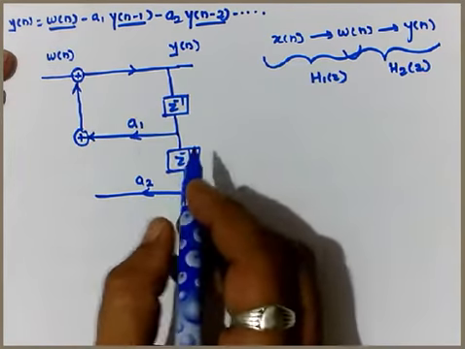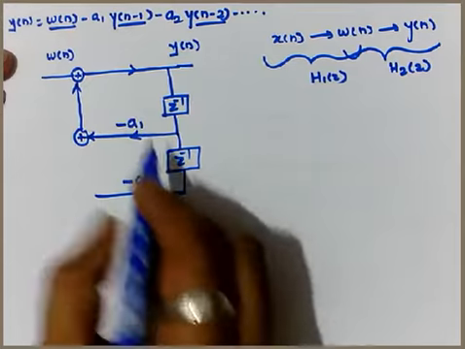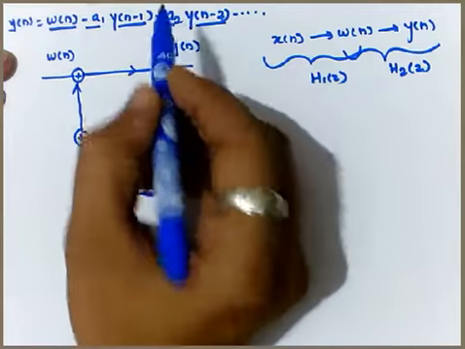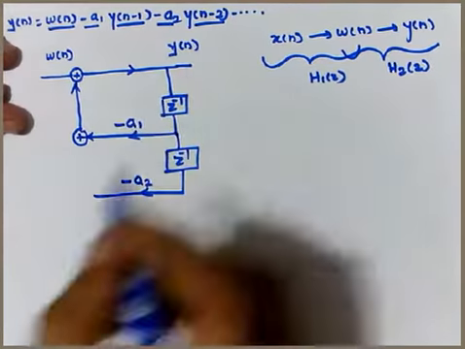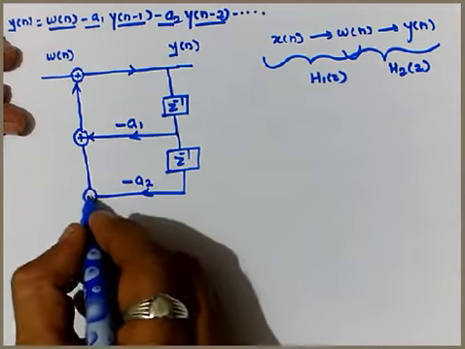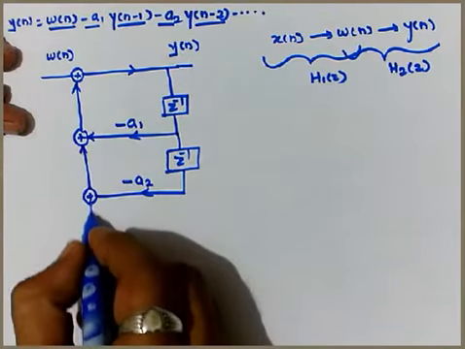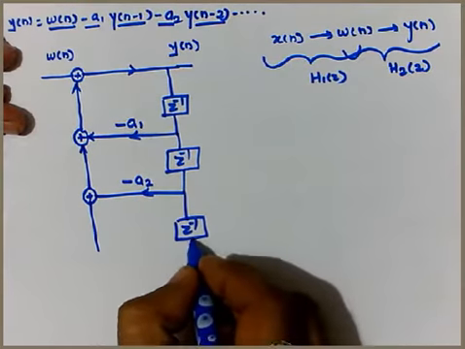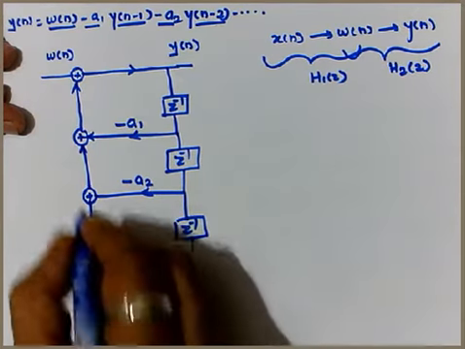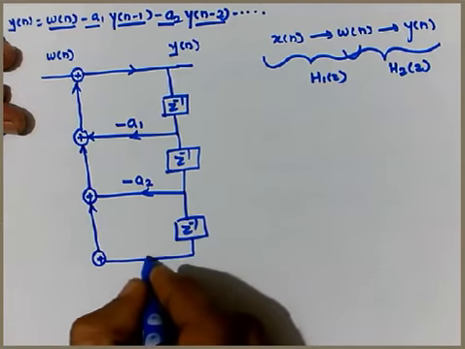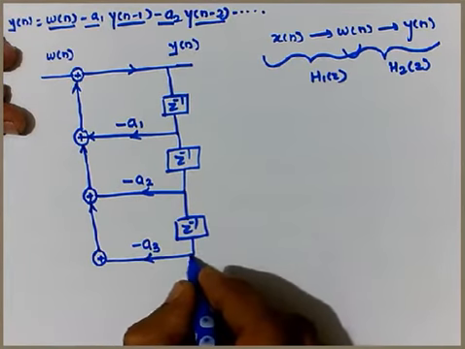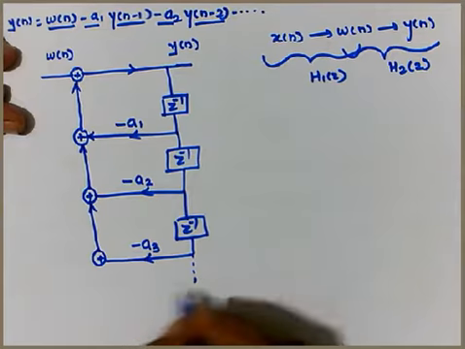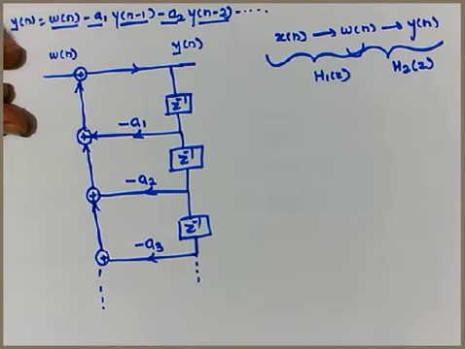But remember here it is minus a1, minus a2, so that can be observed over here. Next it is added again, further z inverse, minus a3, like that it will be further done.